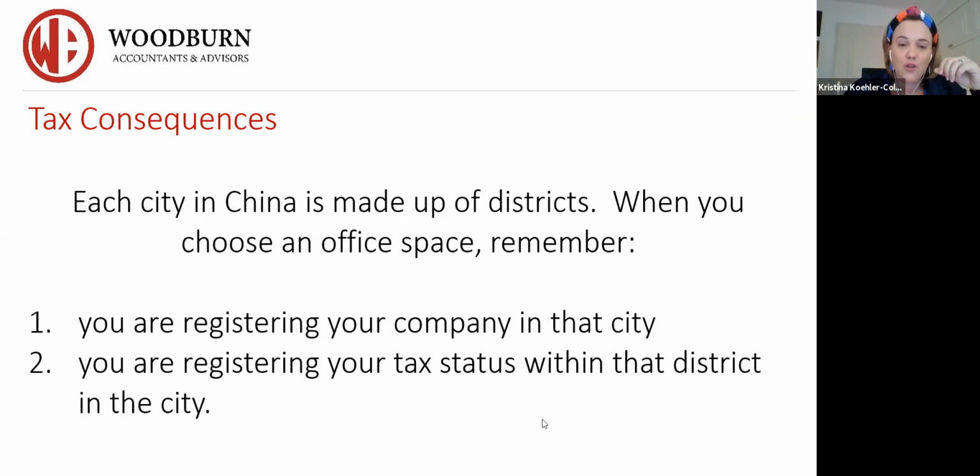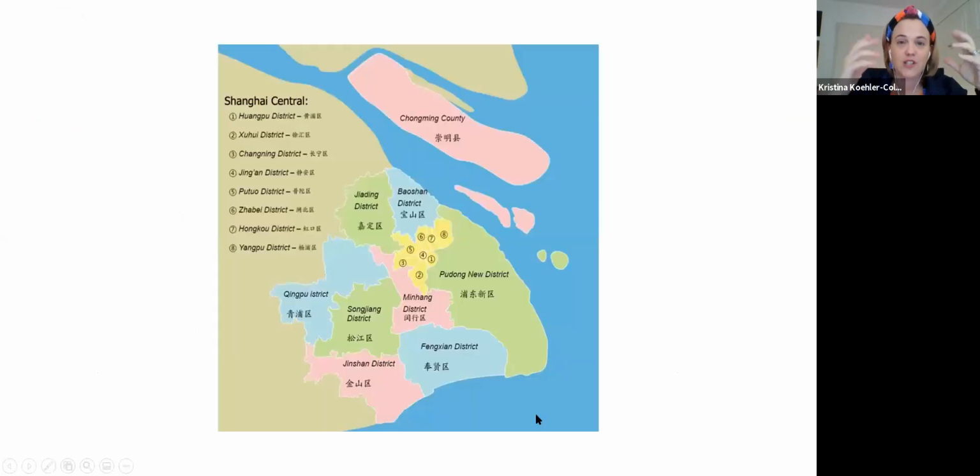So to give you an understanding, this is Shanghai, all right? It's a very concise picture of Shanghai, guys, in order for you to really understand what I'm trying to show as the concept. If you see the yellow area, that's Shanghai Central. That's made up of 8 districts in itself.